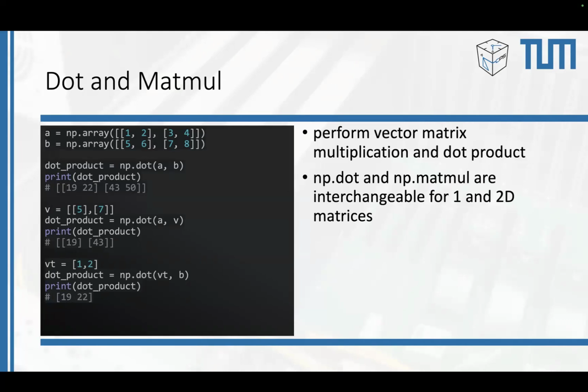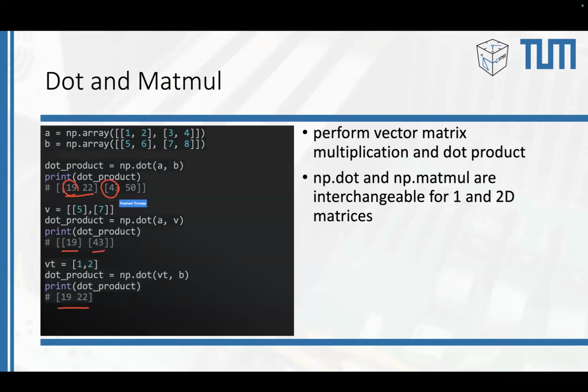You can see some examples here. I can multiply two matrices like this, I can multiply a vector on the right of the array, or a transpose vector times a matrix. And if you check, this is exactly this, and this is exactly this, right?